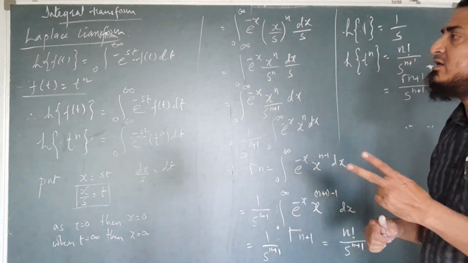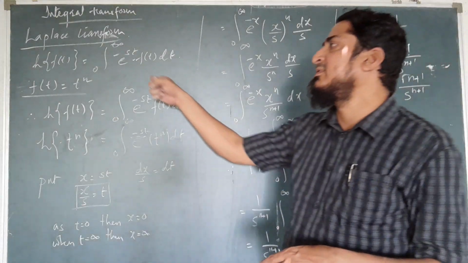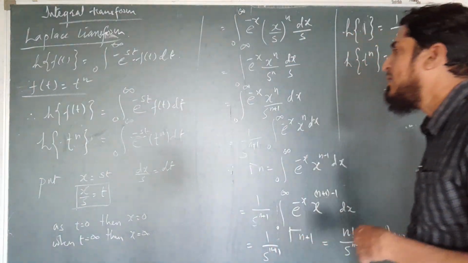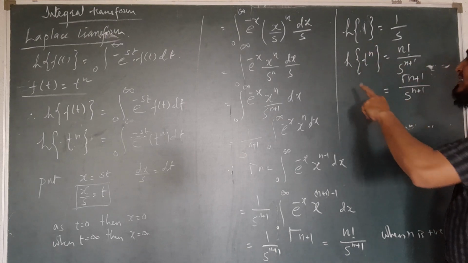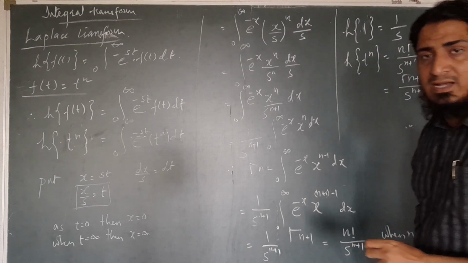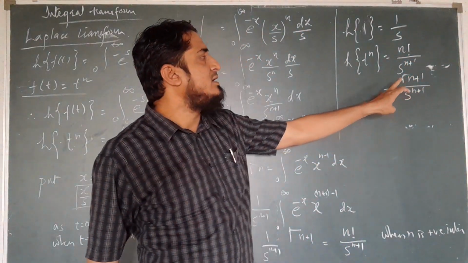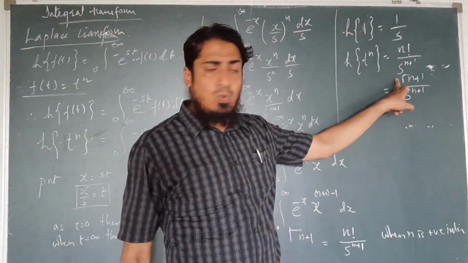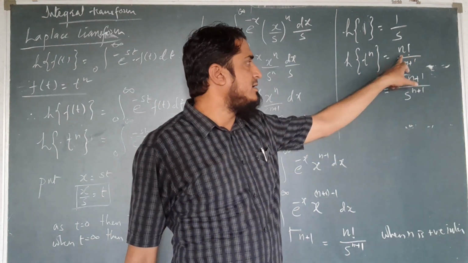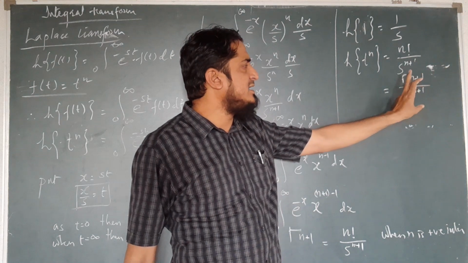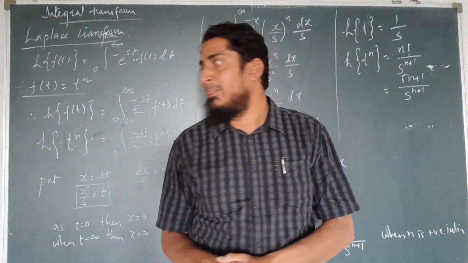Read and learn each and every definition to understand the basic concept of the Laplace transform, and we have calculated the Laplace transform of 1 as 1 upon s, and the Laplace transform of t raised to n, which is equal to n factorial upon s raised to n plus 1, or if n is not an integer, then gamma of n plus 1 upon s raised to n plus 1.